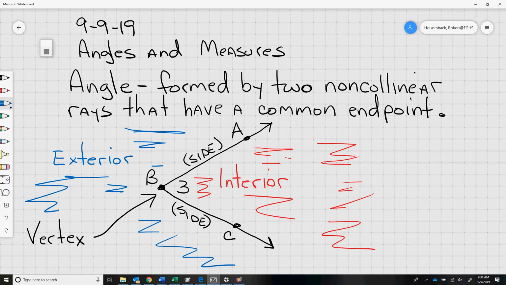Okay? Now there are some different ways to name this angle. The first name, here's the symbol for angle, you can call it angle 3.